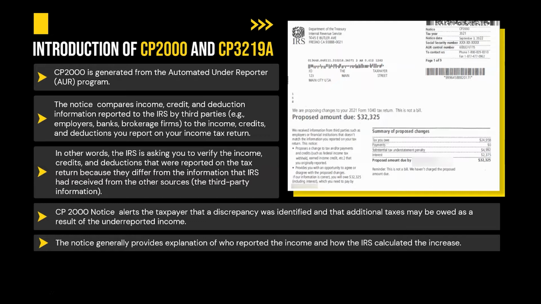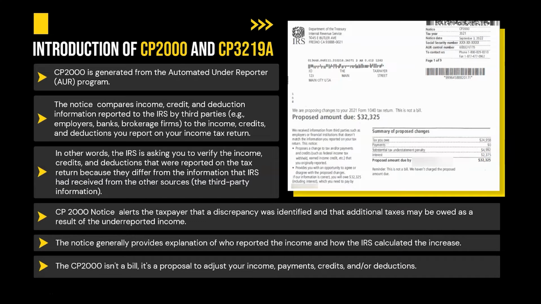So if you take a deep look at your notice, you realize that somewhere in the notice, the IRS is providing you information on where they got all these other income items from and how they calculated the taxes that they are currently proposing.